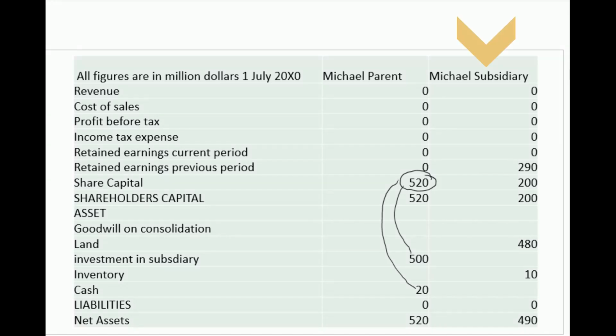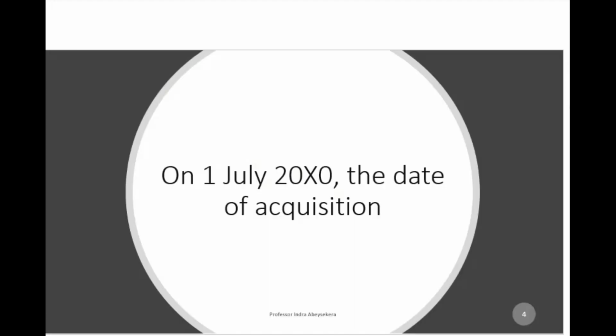Michael's subsidiary, previously Samuel's business, had 200 million share capital and 290 million retained earnings, and that was represented by land of 480 million and inventory of 10 million.